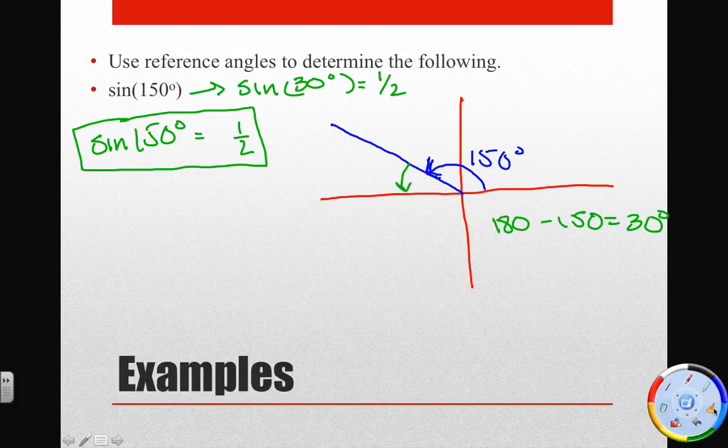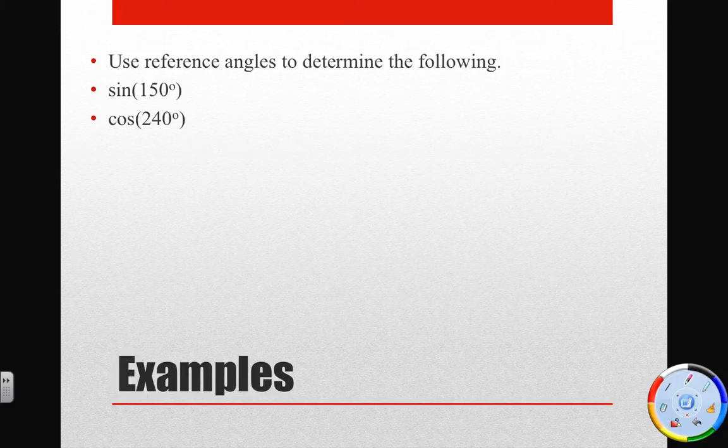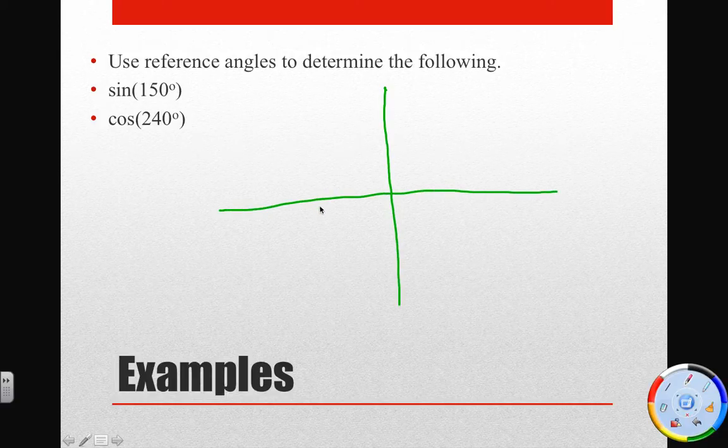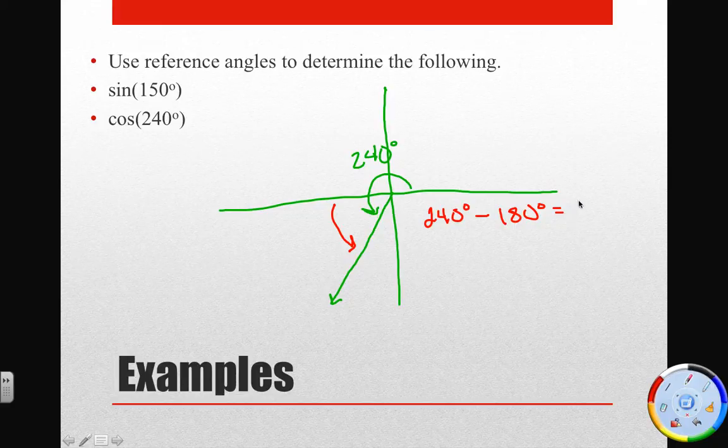All right, I've got like 4 or 5 of these, so let's make sure we understand this. Cosine of 240. Let's figure out where 240 is. Well, there's 180, this is 270, so 240 is down here somewhere. And as mentioned before, if we're in quadrant 3, the reference angle is theta, 240, minus 180, which is equal to 60.